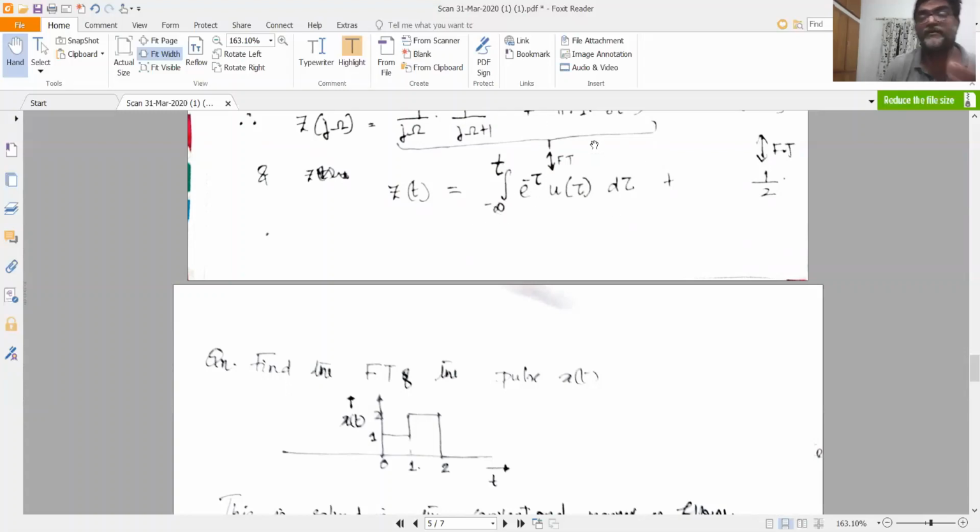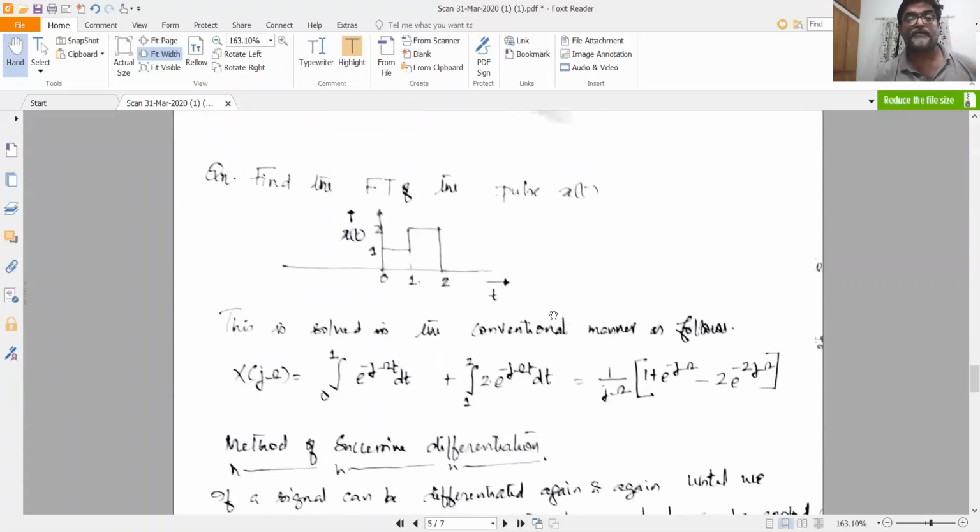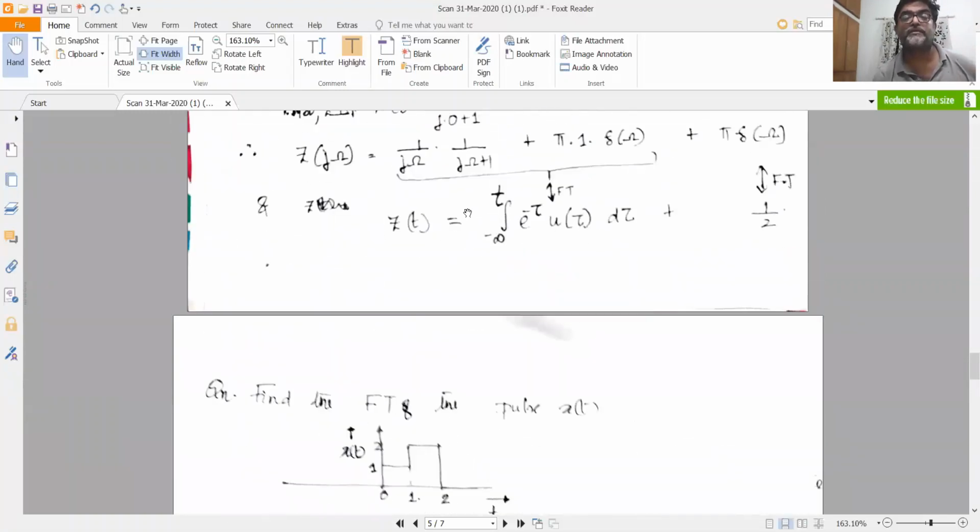I forgot to complete that question, but we can complete this by evaluating the integral from 0 to t of e raised to minus tau d tau plus 1 by 2. So e raised to minus tau d tau would be e raised to minus tau by minus 1 between limits 0 to t. So evaluate that.